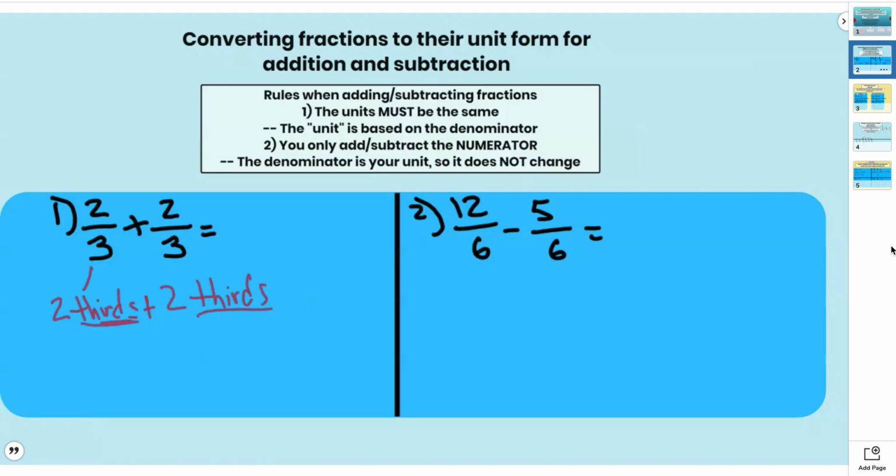Units will not change. So we have 2 plus 2 equals 4. And if we combine it with our units, we have 4/3. It's just like if it was 2 apples plus 2 apples, it would be 4 apples.